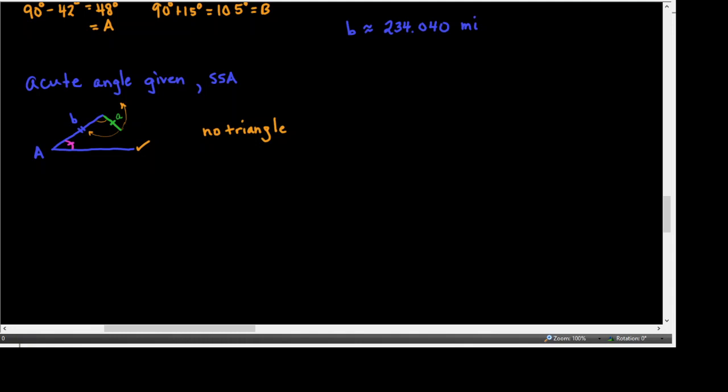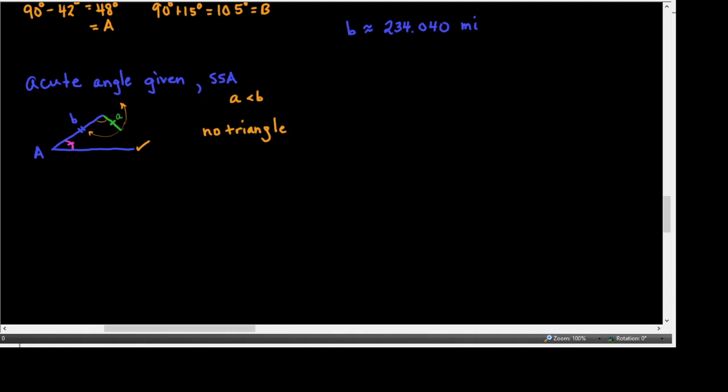Well, one of the things that is putting us into this situation is that we have A shorter than B. Okay, so it's going to be a different situation if A is longer than B. And we'll talk about that in just a minute. We'll get through all of the possibilities.